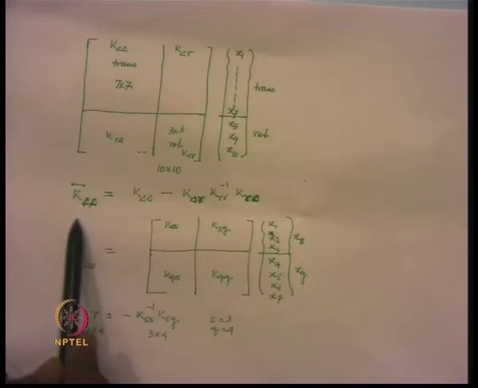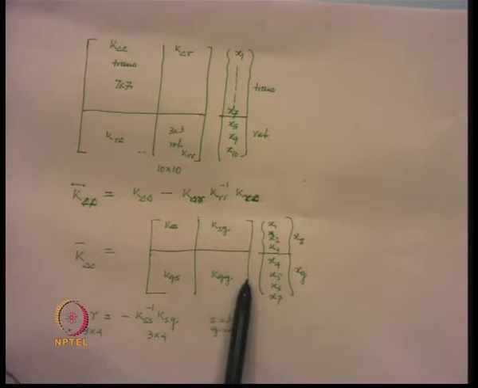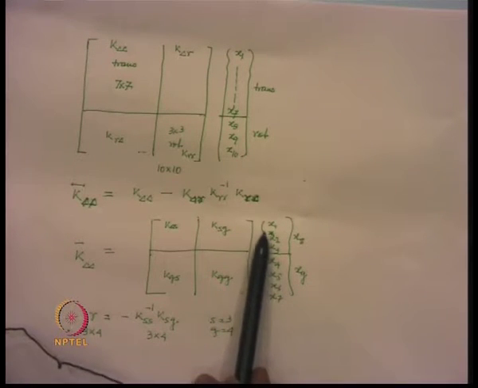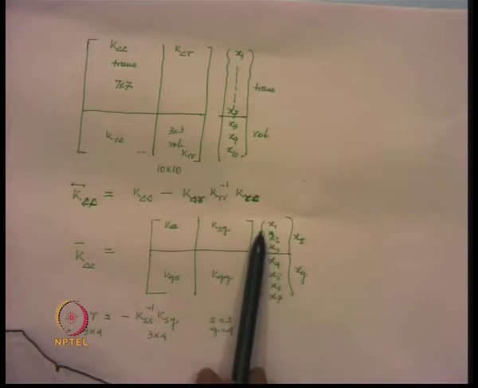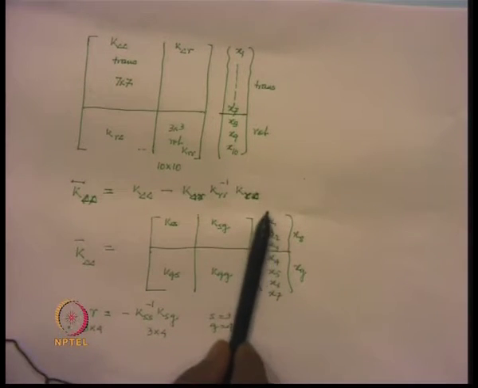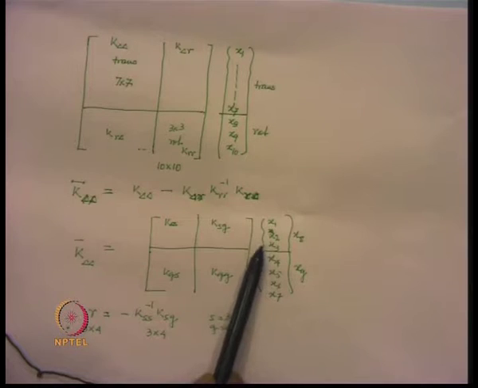Once we get this condensed stiffness matrix, it is further partitioned into the non-support degrees of freedom, that is the 3 degrees of freedom, 2 at the top of the pylons and 1 at the center of the deck.